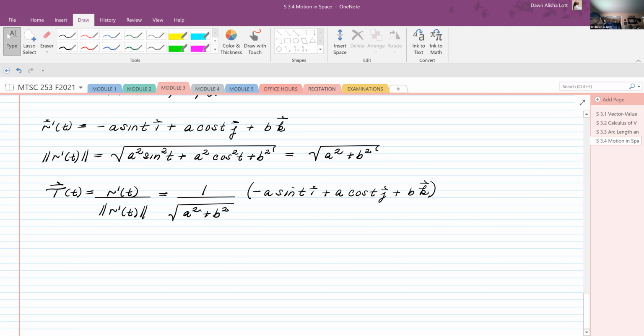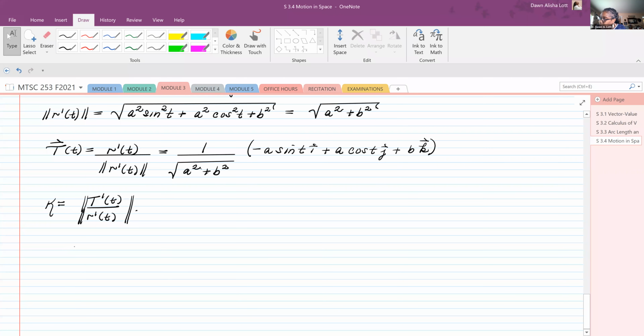All right, so now we need kappa. And kappa is the length of T prime of t over the length of r prime of t. So let's just find T prime.